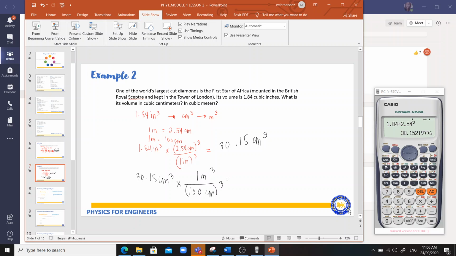Ito, multiply lang natin sa 1 over 100 cube. That is equivalent to 3.015 times 10 raised to negative 5 meter cube. So this is our final answer. Okay. So next, let's proceed.